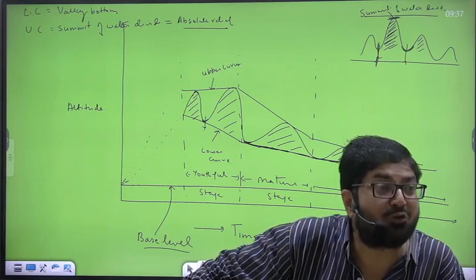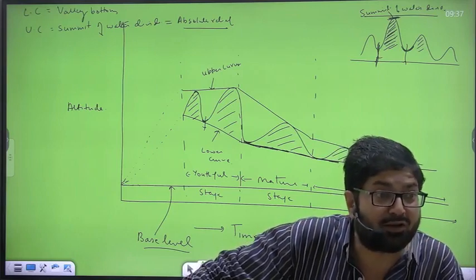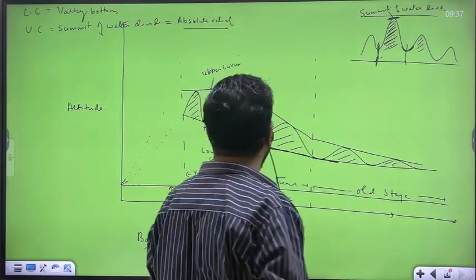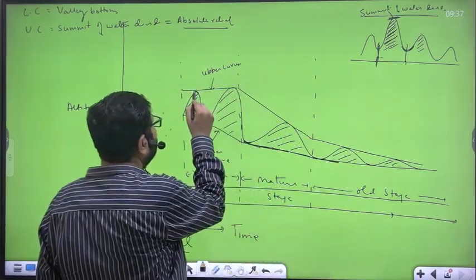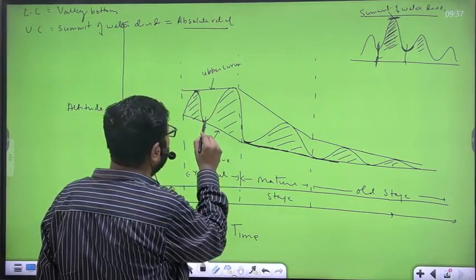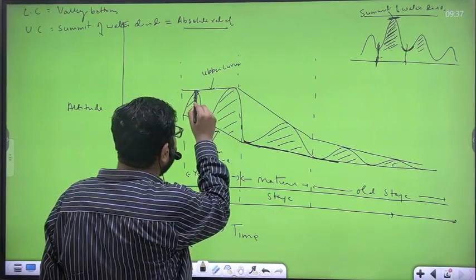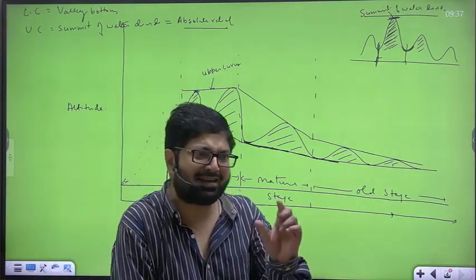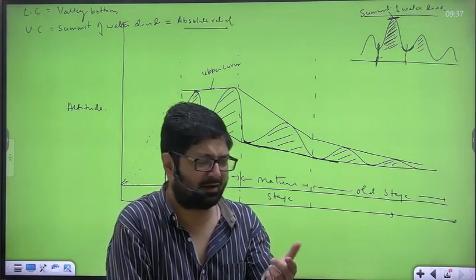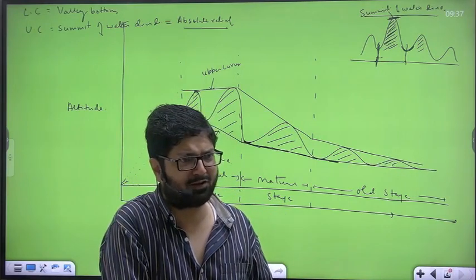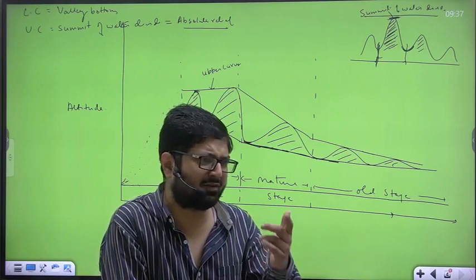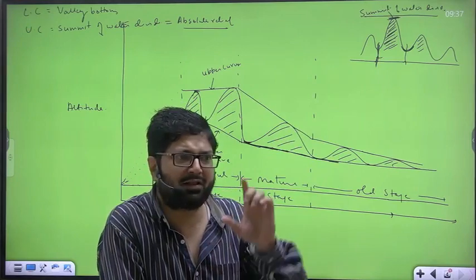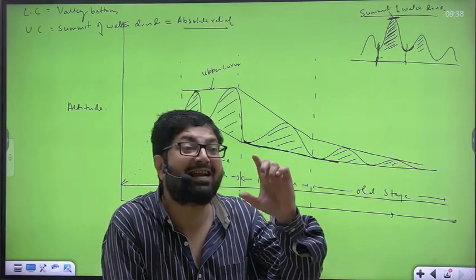What you will actually see if you happen to go to Mussoorie, the LBS Academy, in the beautiful valleys of LBS, you will see the difference between summit and valley bottom. I have gone there several times, it is very beautiful. You can see the height of the mountain, you can see the valley bottom. That is what you actually see, relative relief.